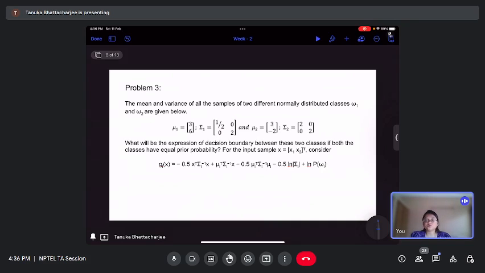To compute g1(x), you will simply use the values of mu 1 and sigma 1, and to compute g2(x), you will put the values mu 2 and sigma 2. Once you have g1 and g2, you can simply compute g1(x) minus g2(x) and make that equal to 0 to get the decision boundary expression.